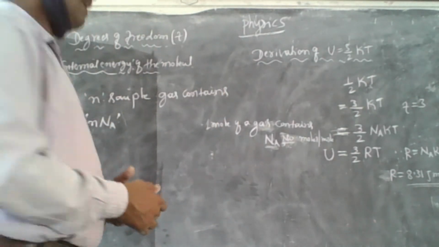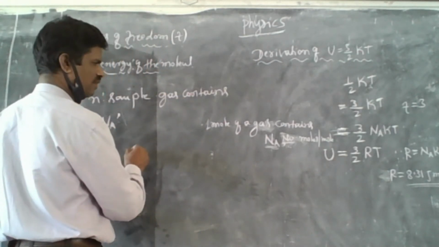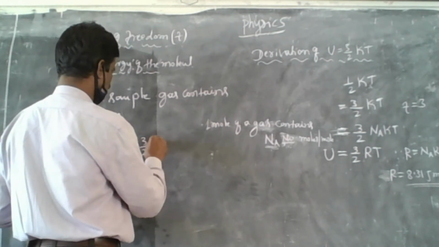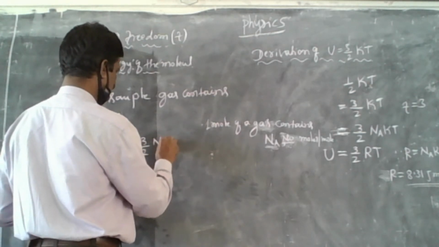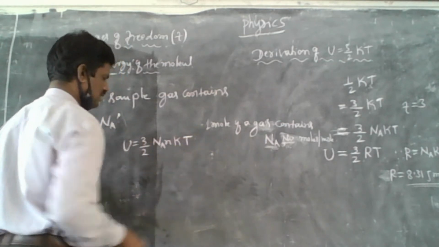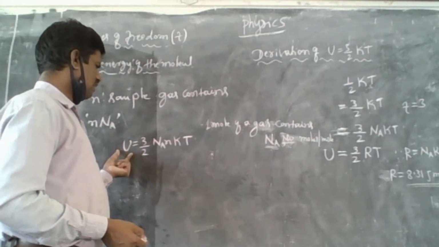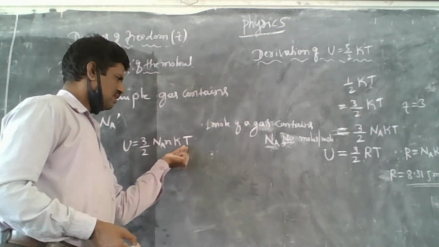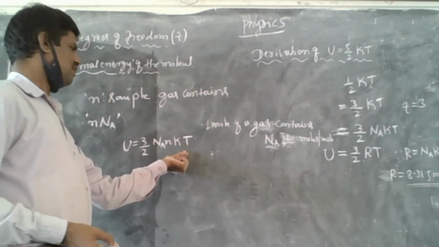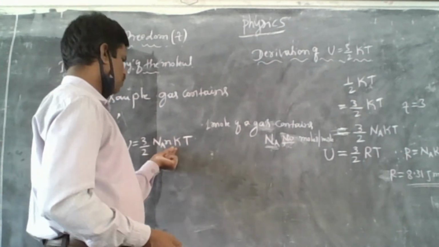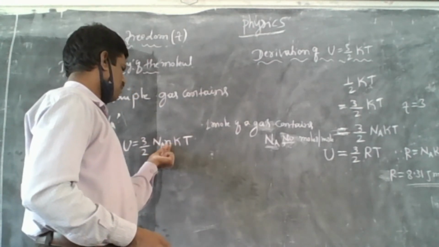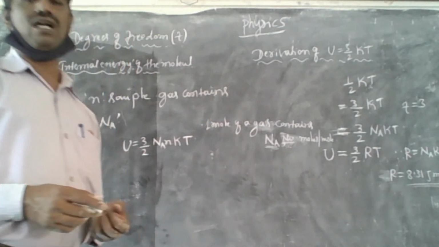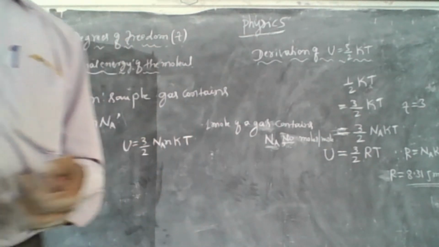Therefore the internal energy is given by U equals 3 by 2 NaKT, because the internal energy of the gas is dependent only on the absolute temperature, and K is the Boltzmann's constant. N means the number of molecules, and Na is the Avogadro number of molecules, isn't it?